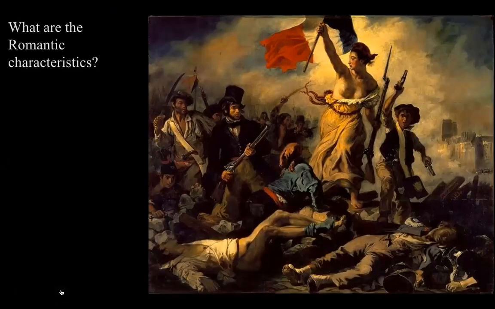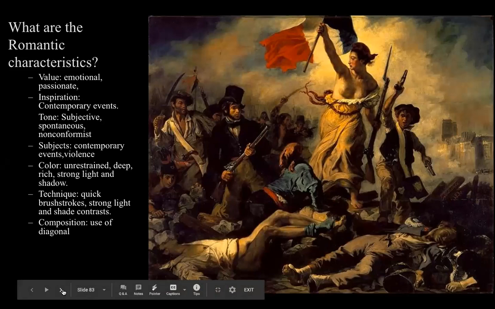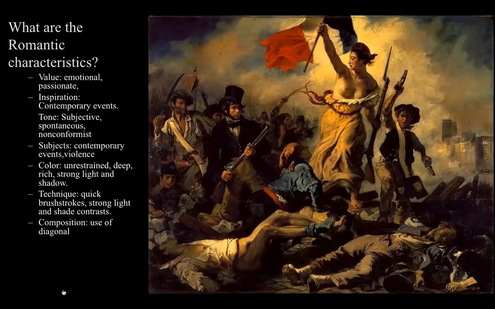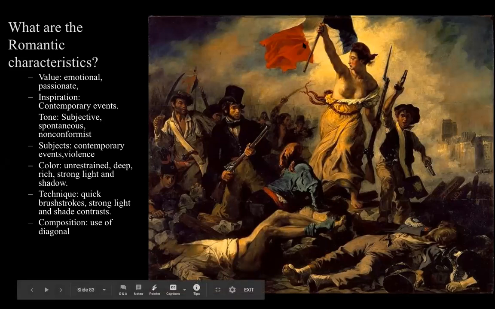And so thinking about its romantic characteristics, it's very passionate, it's very emotional, it's based on contemporary events. It's nonconformist, because remember, they're revolting against the French government in this image. The subject matter is contemporary, but it's also violent. It's got that strong color.